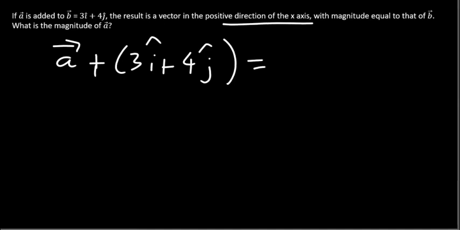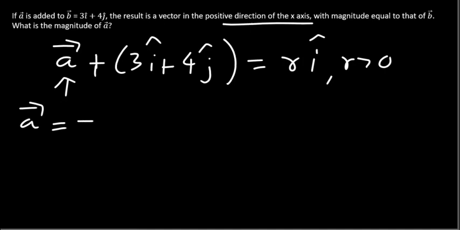So you can write it as a constant gamma times i hat, where gamma is a positive number. What that means is vector a should have minus 4j hat as its y component.